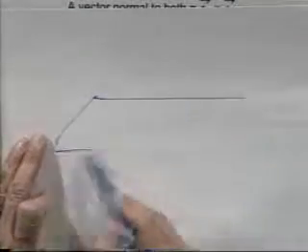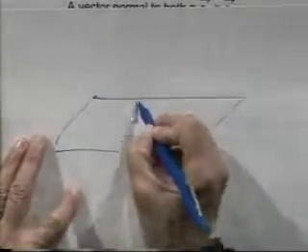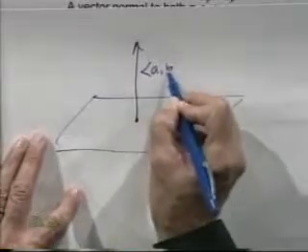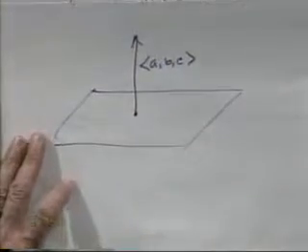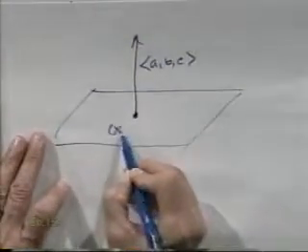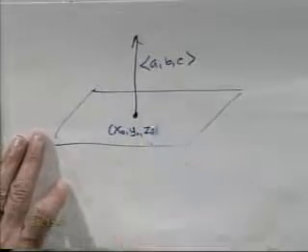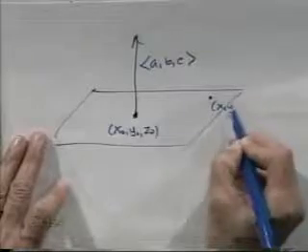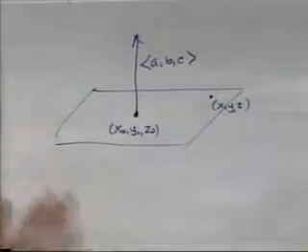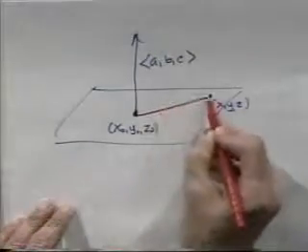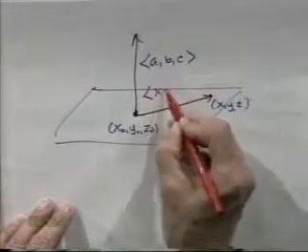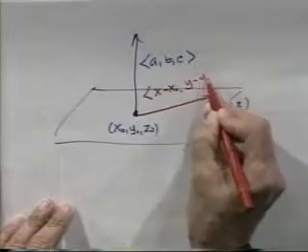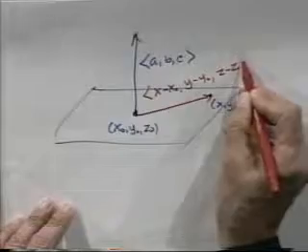Notice, if you've got a plane and you've got some vector, which I will call (A, B, C), that's perpendicular to the plane, and you have a particular point, which I'm going to put right there, x naught, y naught, z naught. Notice, if you take any point at all on the plane, which I'm going to call (x, y, z), this vector from here to here is given by (x minus x naught, y minus y naught, z minus z naught).